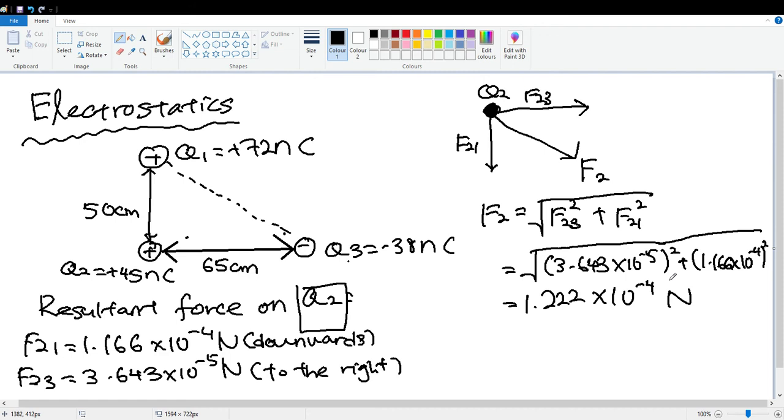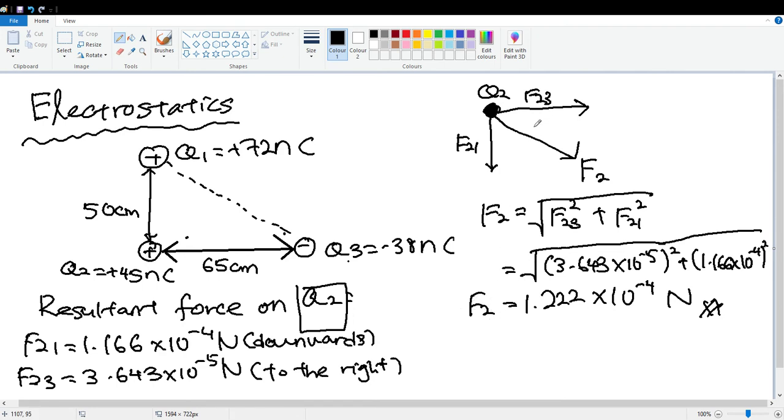Let me check for a while. Wait a second, I need to find it out. Okay, so this is 45 and this is, yeah, I think this shall be the answer. Okay, so this is the magnitude of the resultant force.